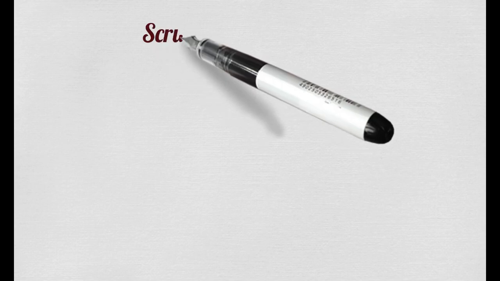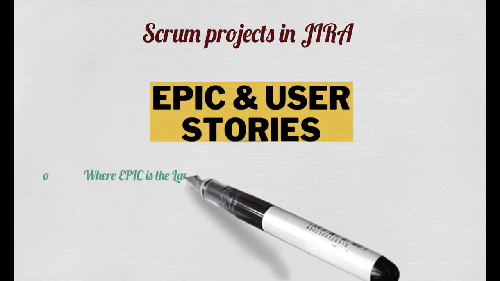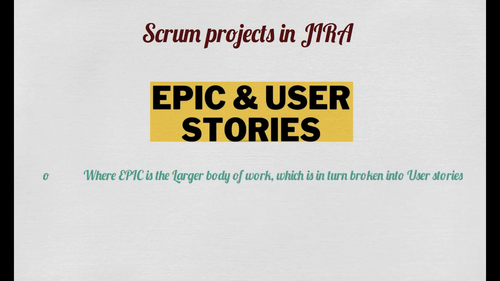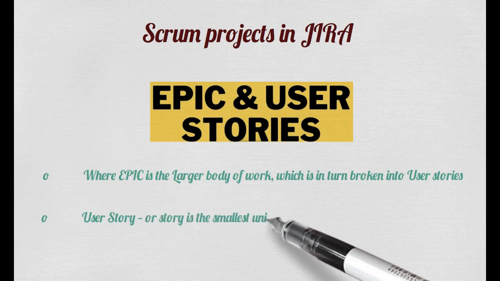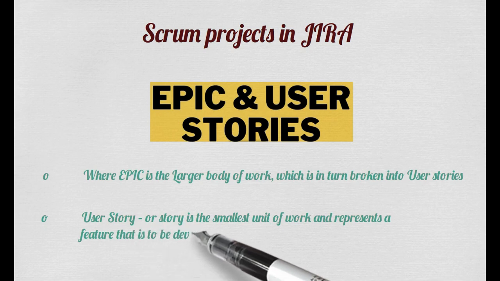To manage Scrum projects in JIRA, the entire project is broken into smaller functionalities represented by epics and user stories, where an epic is a larger body of work which is in turn broken into user stories. A user story, or story, is the smallest unit of work and represents a feature that is to be developed.